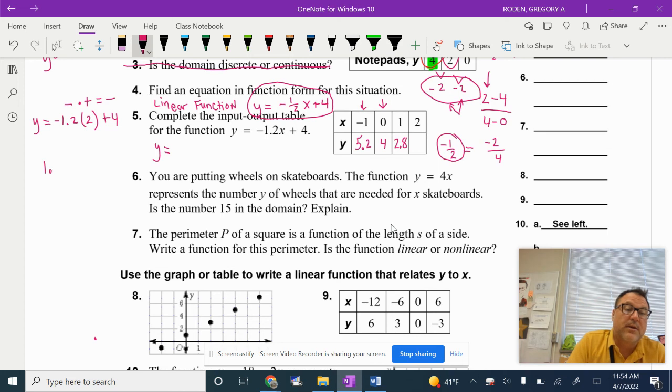So now I'm going to take 1.2 and I'm going to multiply that by 2. Well, 2 times 2 is 4, and 2 times 1 is 2, and then I've got to move the decimal one place here. So I get 2.4, but it's negative 2.4, right? Because a negative times a positive is a negative, and then I need to add 4 to that.